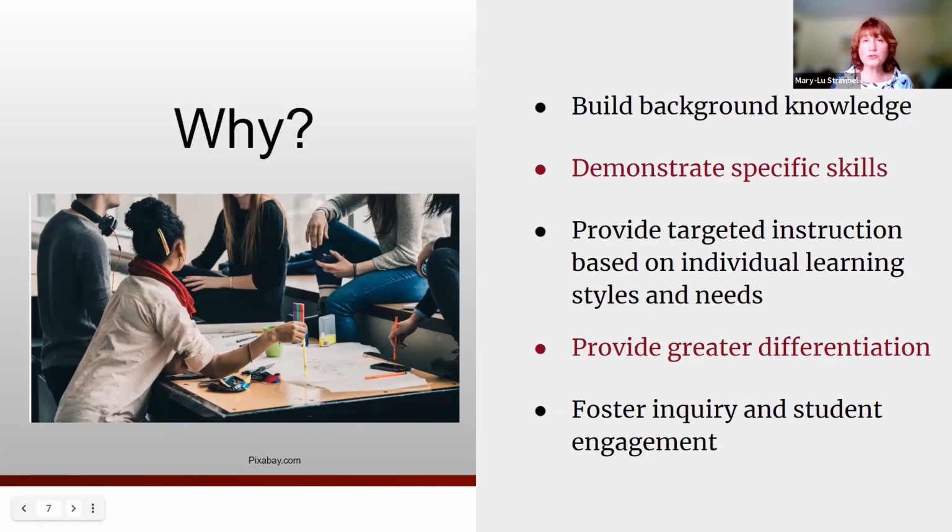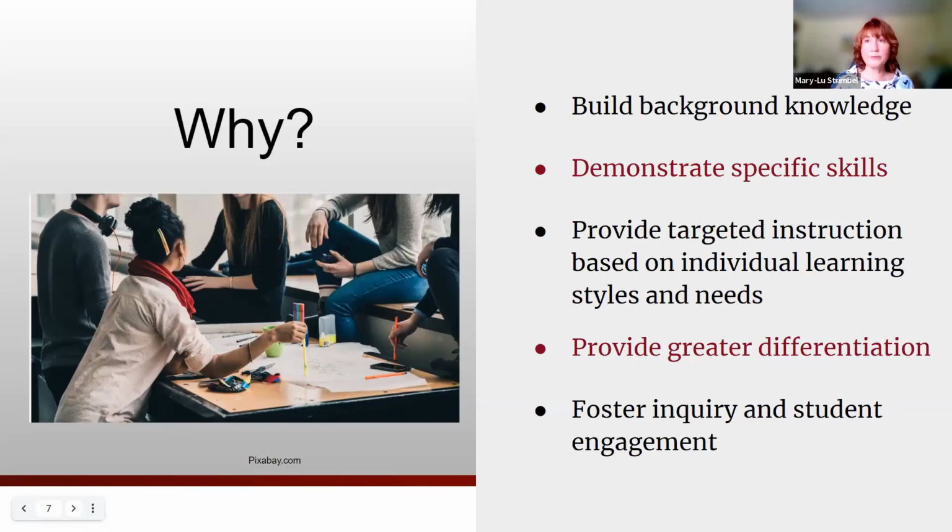So for those students who, for a myriad of reasons, weren't able to attend school or be in classroom spaces last year, they could have some, I don't want to say learning loss, I'm going to say there might be some gaps in some of that foundational information. So flexible grouping gives us the ability to build that background knowledge without stopping the instruction at grade level for the entire group. It also allows us to demonstrate specific skills.